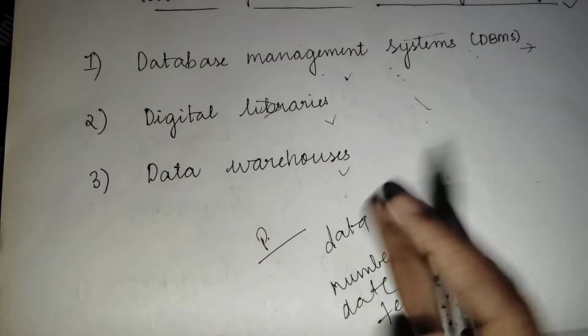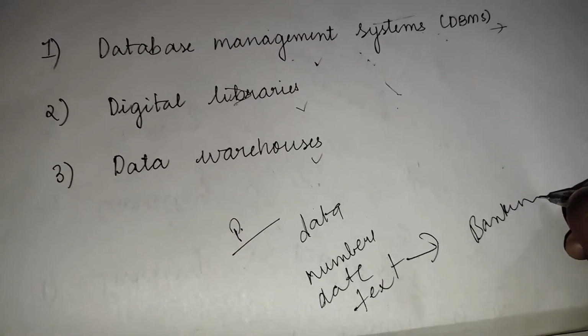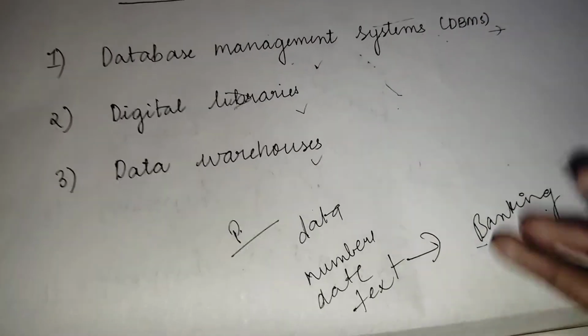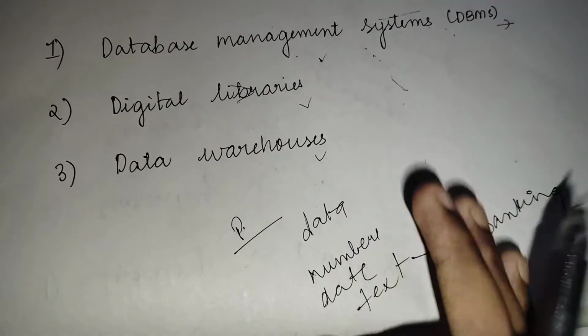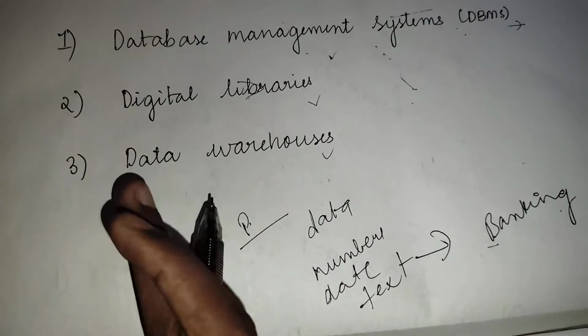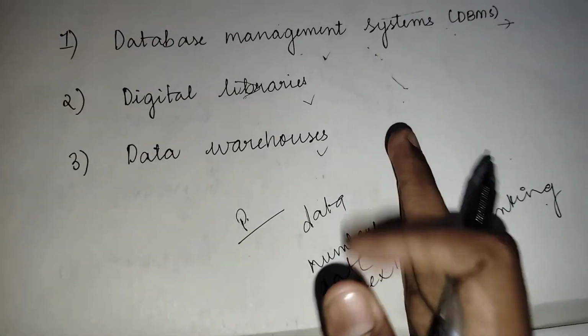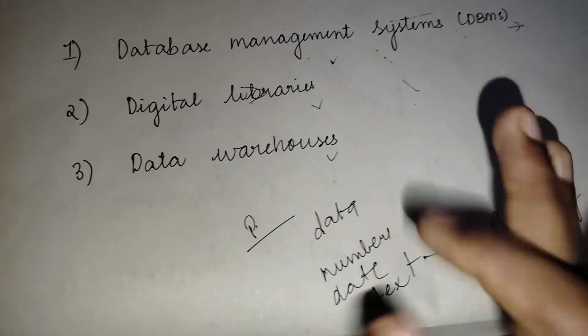Now let's take a simple example, a banking system. What happens in a banking system? Basically they track transactions and account details, right? When you check your bank balance or review a transaction, the system they use is DBMS to quickly retrieve the specific information you need from a vast amount of structured data.